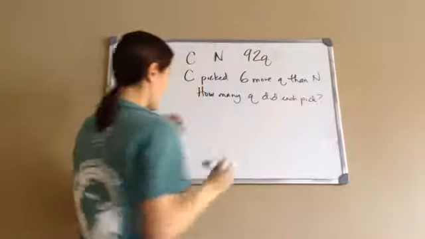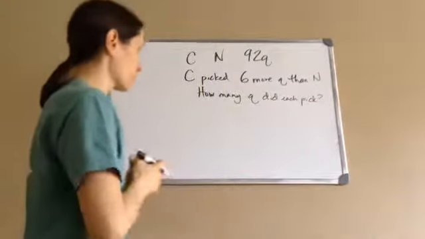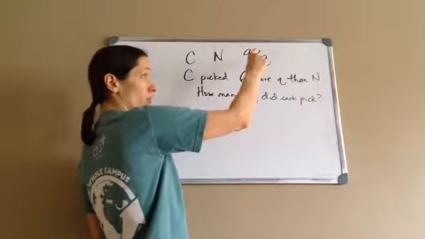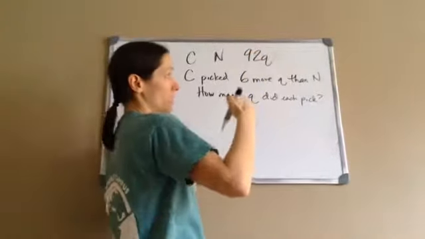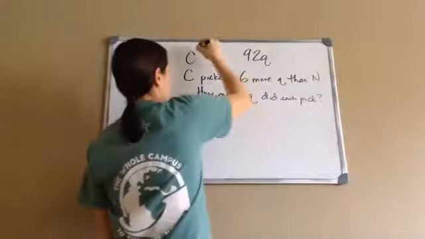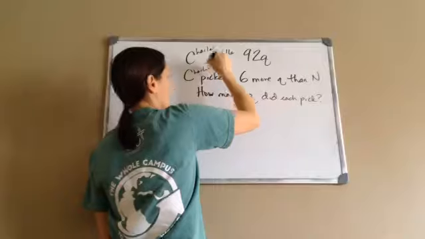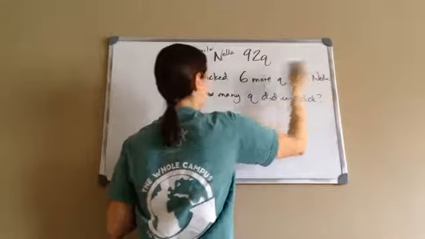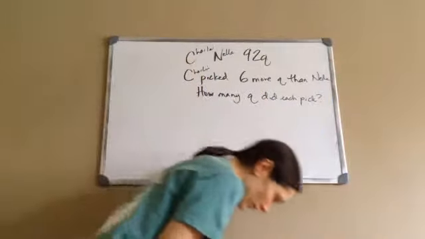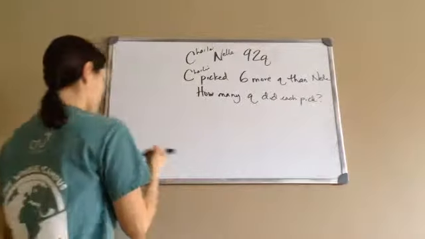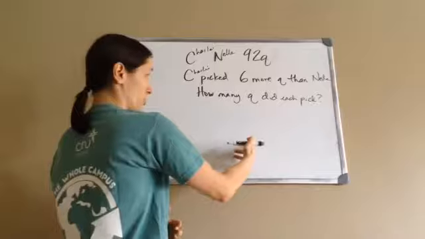Now, let's take it one step at a time. Let me go and put Charlie and Nellie. Okay. All right, now, so the first step is we want to be able to come up with a number. So not amounts, just numbers.